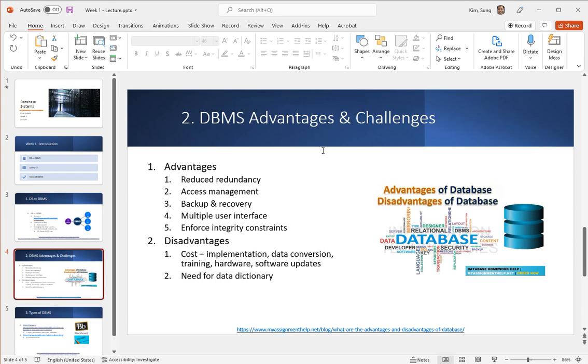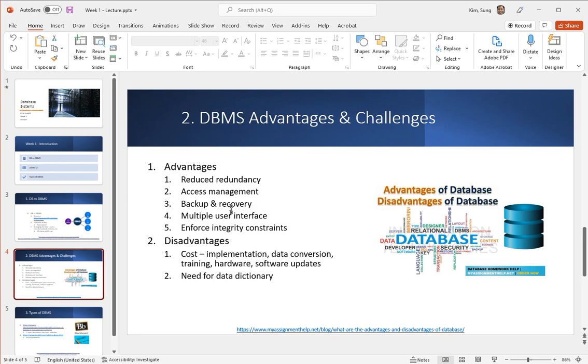In terms of database management system advantages and challenges, although there are lots of advantages, it is worth noting that there are some challenges. In terms of the advantages, as I briefly mentioned a moment ago, strictly speaking in terms of data, having a management system will reduce redundancy. In other words, your data doesn't exist in more than one place, because if it does, it can be out of sync, or it can cause some issues, right?